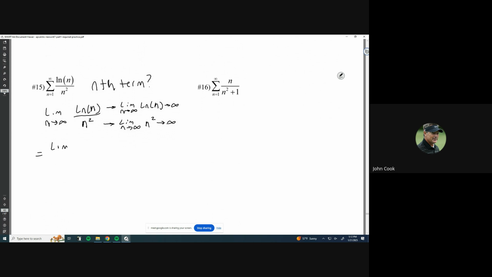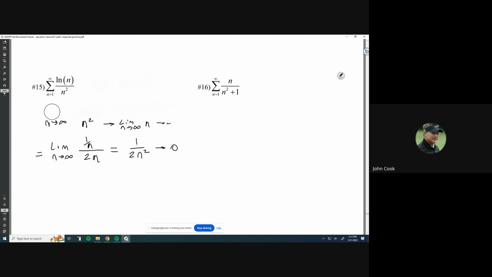So I'd get limit as n goes to infinity of natural log of n, that's derivative 1 over n, and then n squared becomes 2n. So then that is 1 over 2n squared, which goes to 0, darn it. Okay, so it's not nth term test for divergence, but I'd check it real quick.